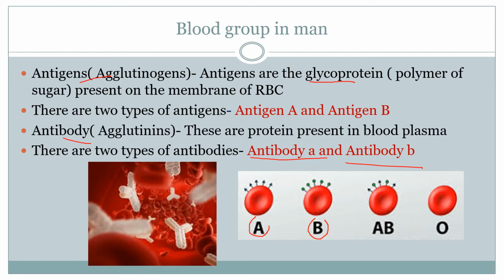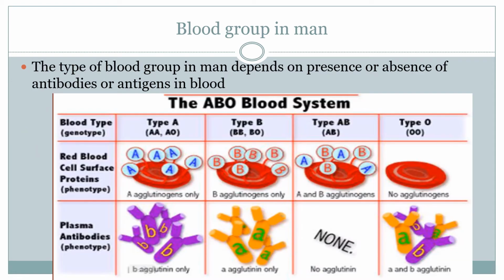Now let us learn about the human blood. The type of the blood group in man depends on the presence or the absence of antibodies or antigens in the blood. Now let us go for the ABO blood system in our body.